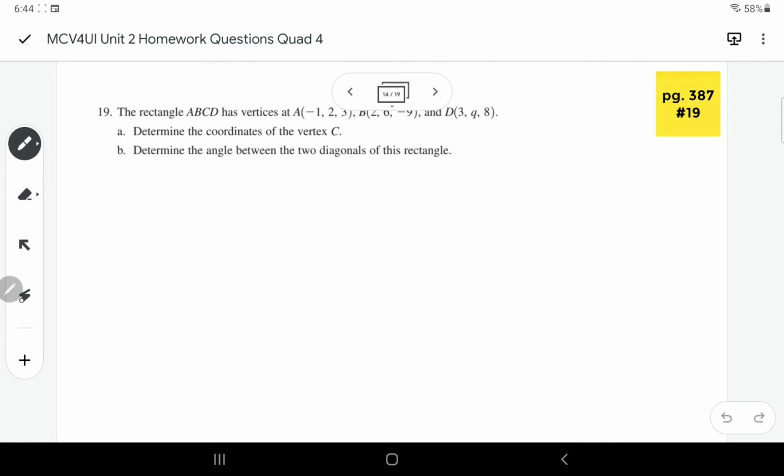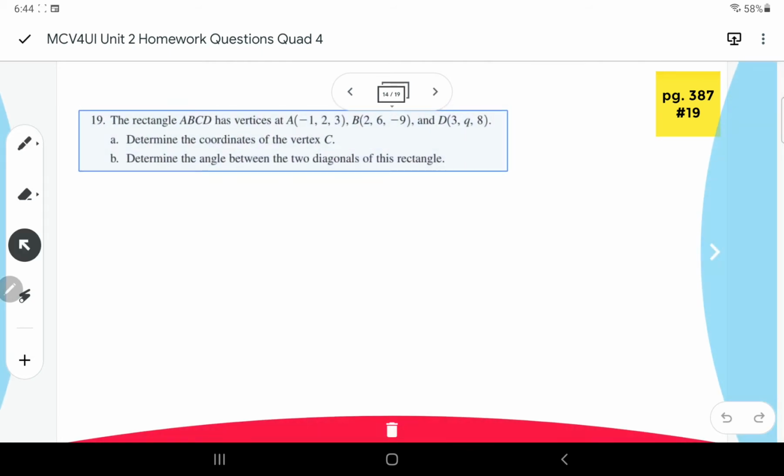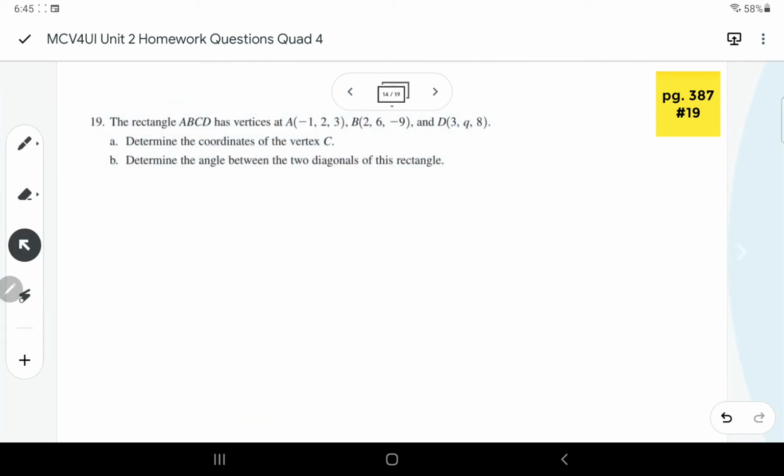And then this one's kind of similar. We're looking for a missing vertex here.